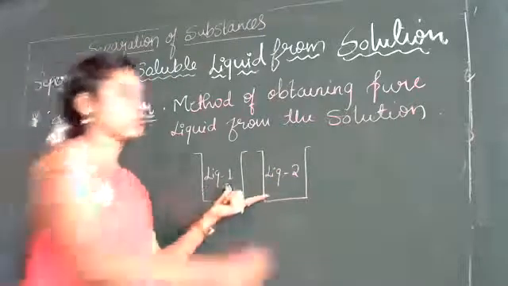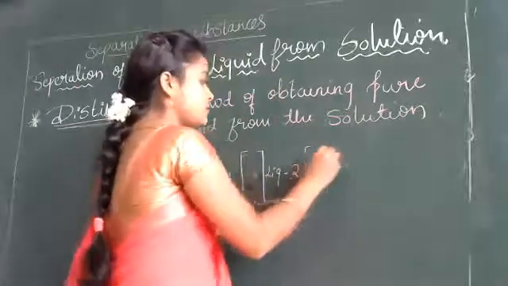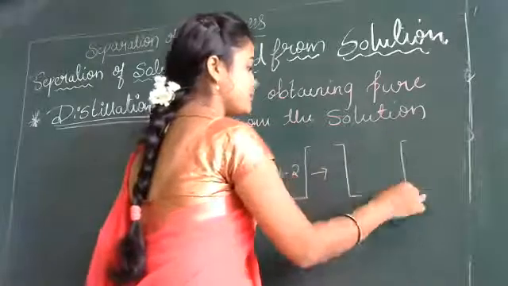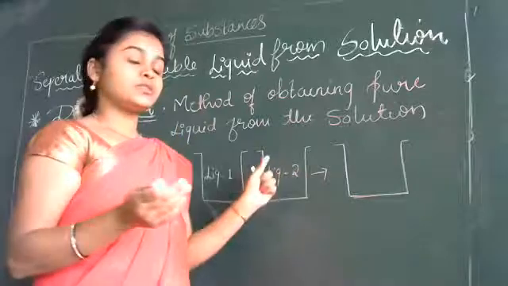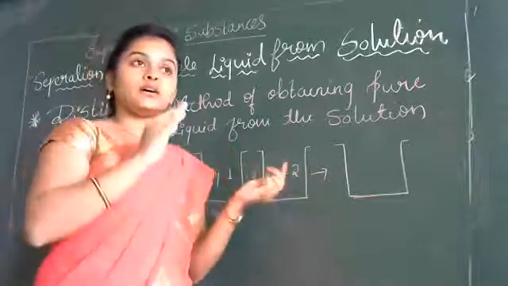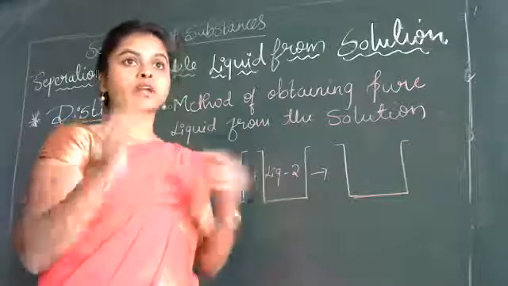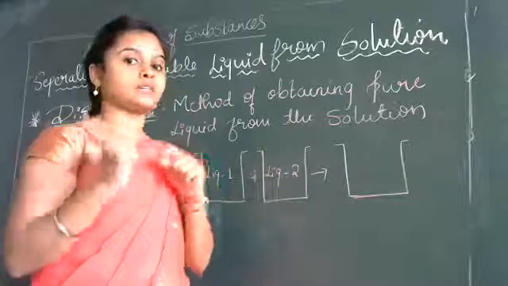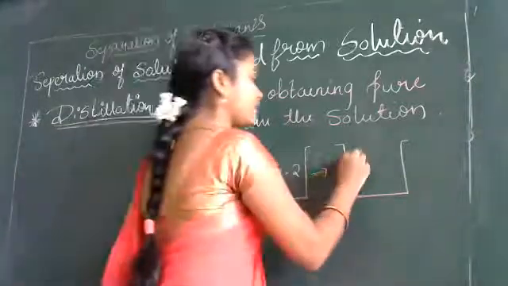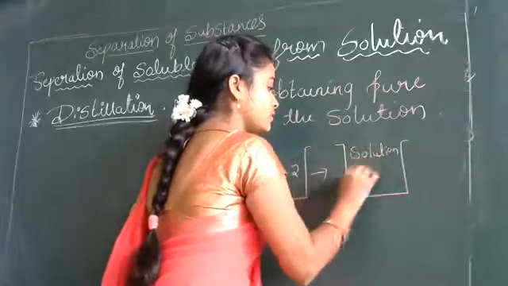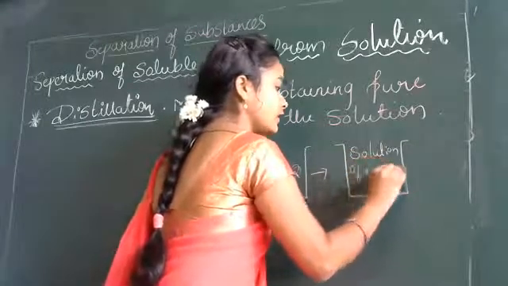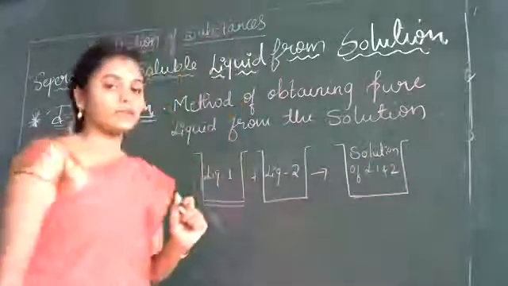Now we will mix both liquids in order to get the solution. So when we mix liquid with liquid, we get a solution. But when we mix solids with solids or any object with object, we get mixtures. Okay, here we get a solution of liquid 1 and 2.